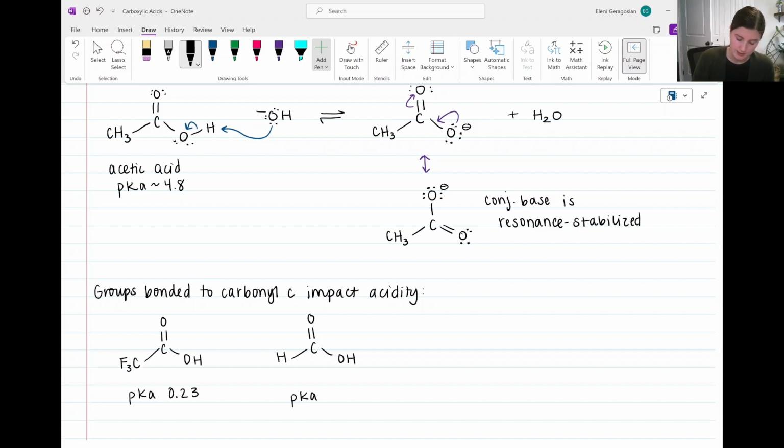So the pKa is slightly lower, about 1 pKa unit lower, 3.75 for formic acid. Now, if we had an even stronger electron donating group bonded to the carbonyl carbon, its pKa would be a little bit higher than acetic acid pKa.